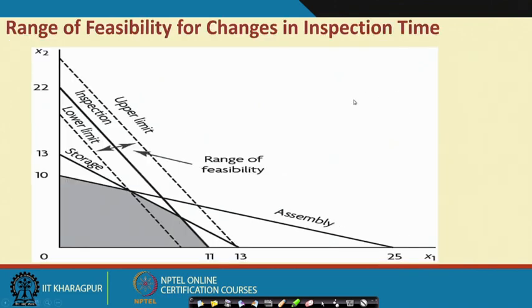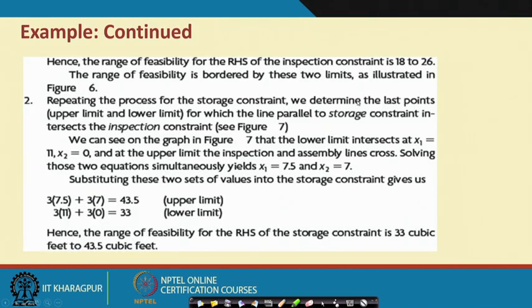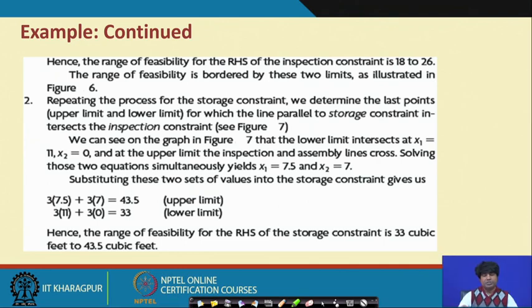So, now these are all possible change agents, and this is the structuring. When we change the structure, the upper bound will be 43.5 and the lower bound is 33.